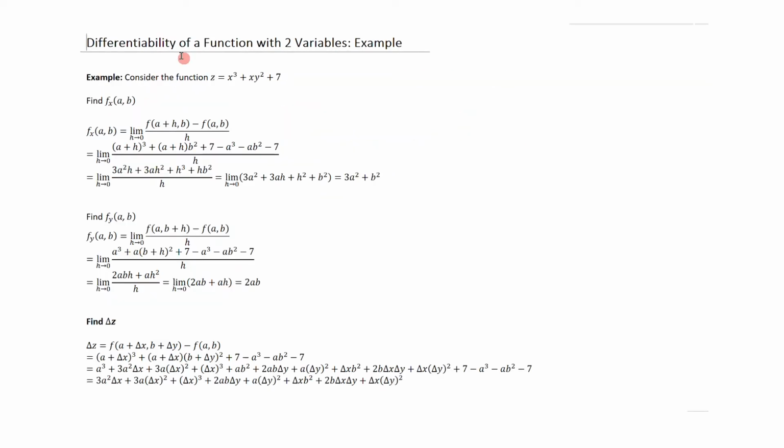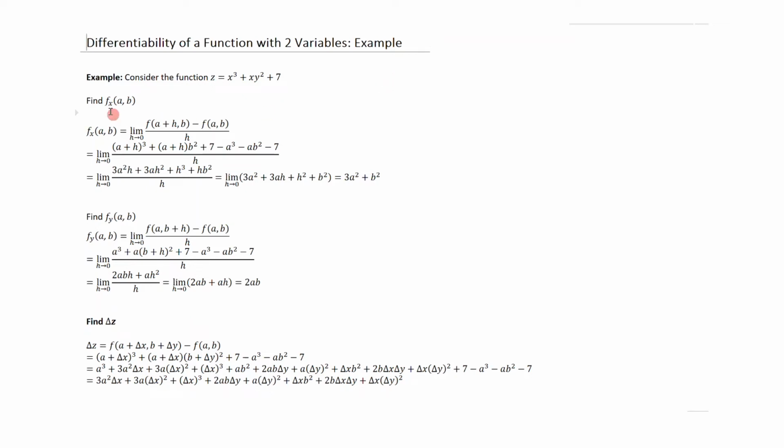All right, so let's consider now, as an example, proving differentiability of a function with two variables. We'll keep it rather simple, otherwise it gets too complicated in terms of the manipulation of algebraic quantities. So we'll start with this function here, z equals x cubed plus xy squared plus 7, and we're going to prove that it's differentiable.